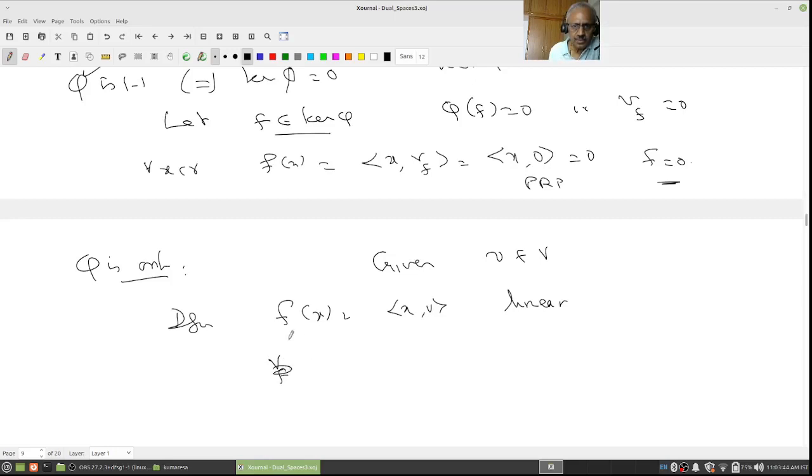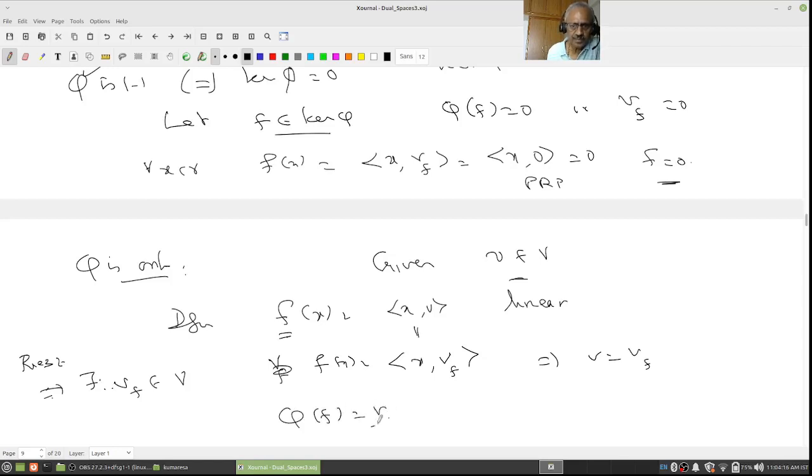Okay, so this is linear, therefore there exists v_f in V, by the Riesz representation theorem, so that f of x is the inner product of x with v_f. But these two are equal, right? This implies v equal to v_f. That is, given any v, there exists an f with phi of f equal to v. Therefore phi is onto.